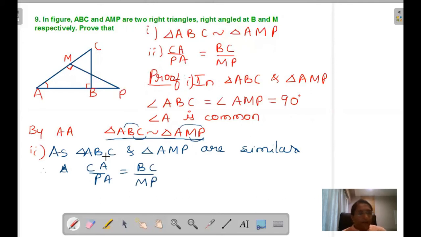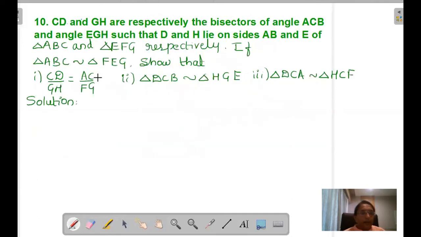Next example, that is the 10th example. CD and GH are respectively the bisectors of angle ACB and angle EGF, such that D and H lie on sides AB and EF of triangle ABC and triangle EFG. So here two triangles are there.